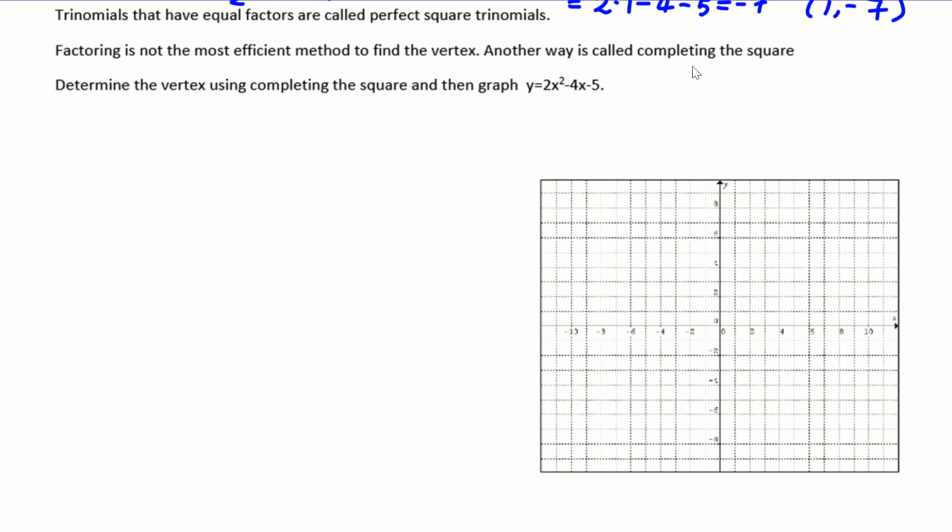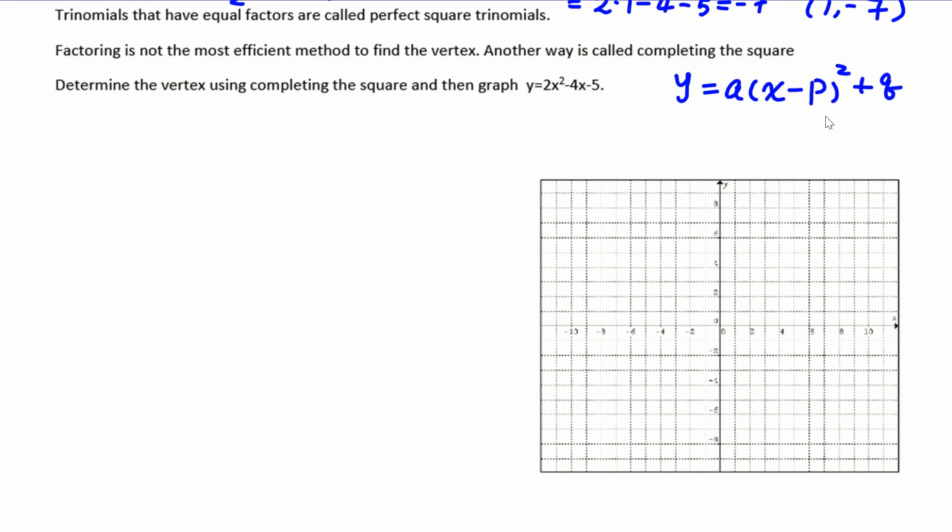So another way is called completing the square. In order to complete the square, we want to write it in this vertex form. So this is vertex form, and we want to write it in this form.